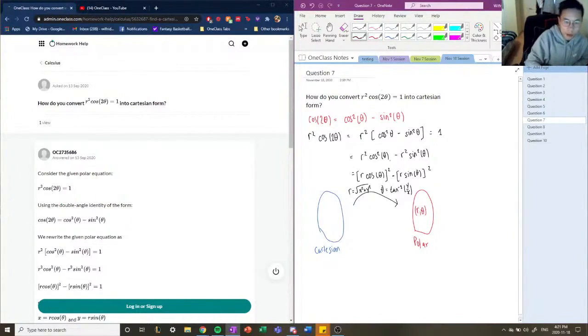If we're going backwards, back to Cartesian coordinates, we have to know that x equals r cos theta and y equals r sine theta, okay? And these 2 equations will convert our r and theta back into xy coordinates. So x and y are our Cartesian plane, okay?